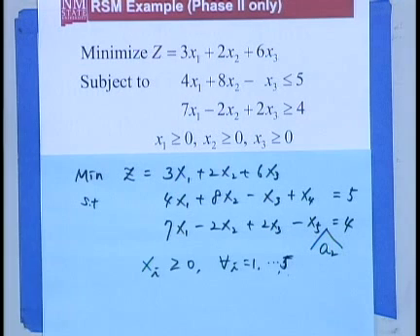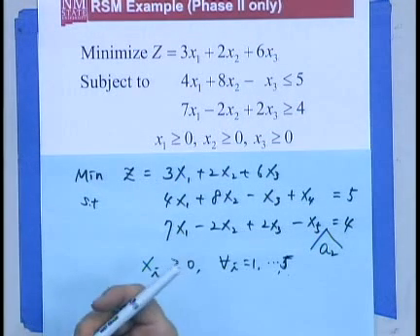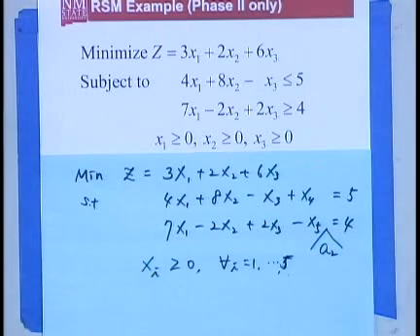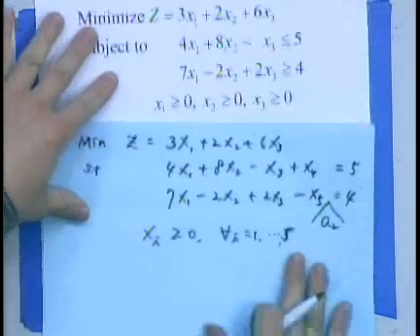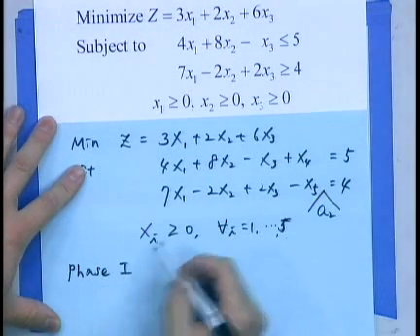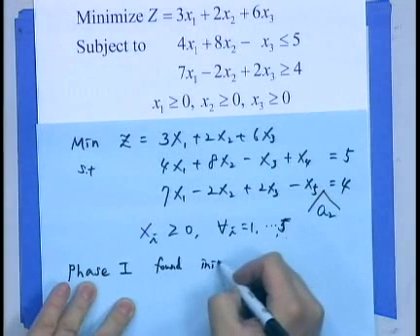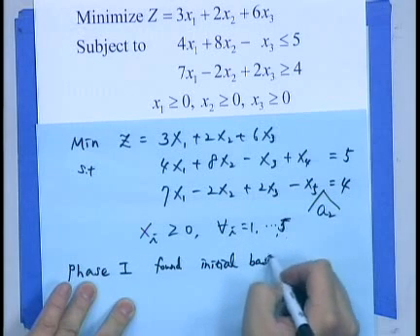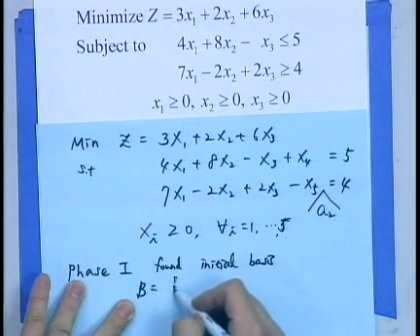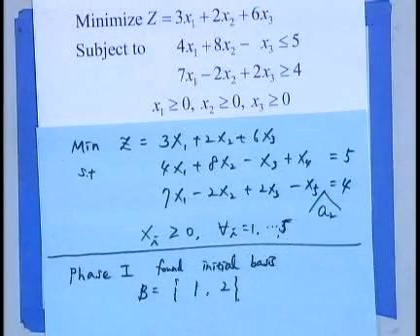And let's just suppose we've used two-phase method to solve this problem, and the phase 1 has found the initial basis, which is 1 and 2.